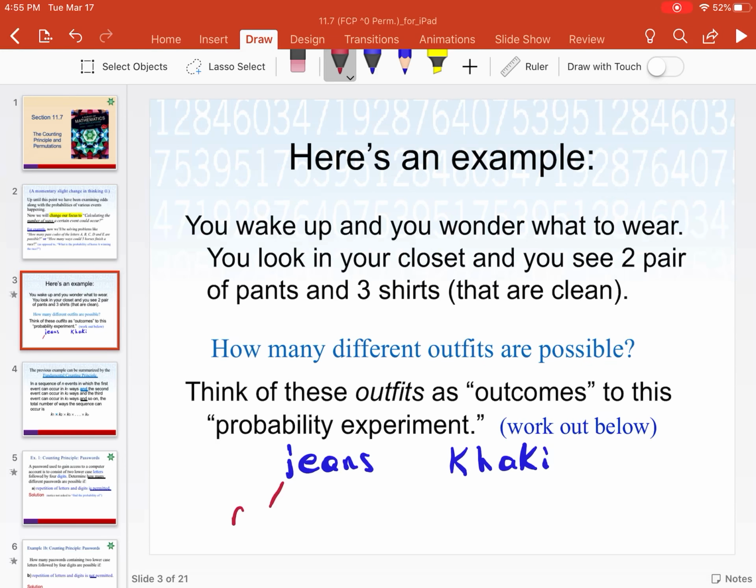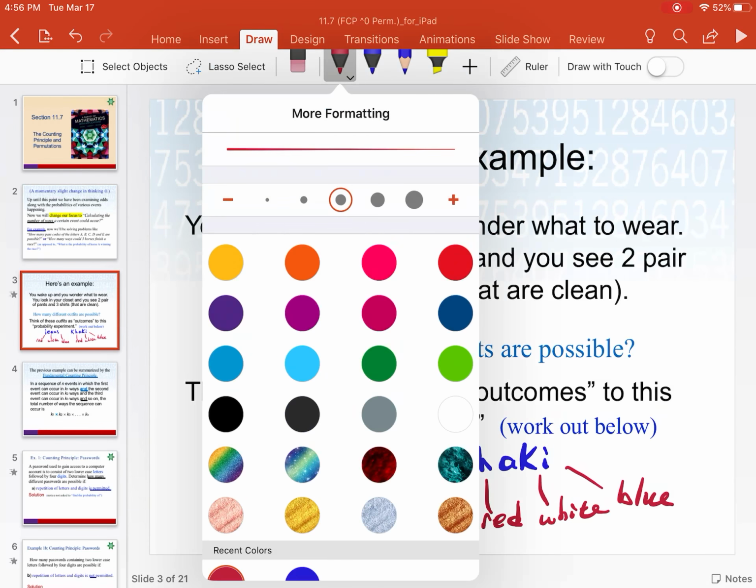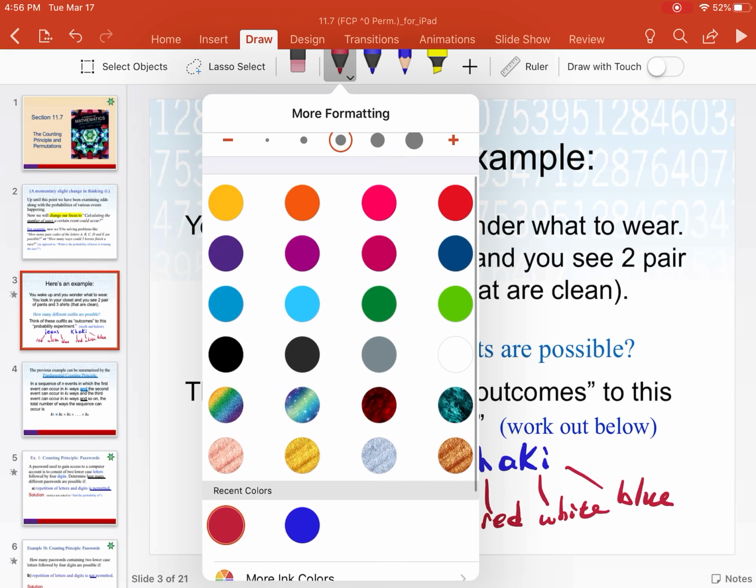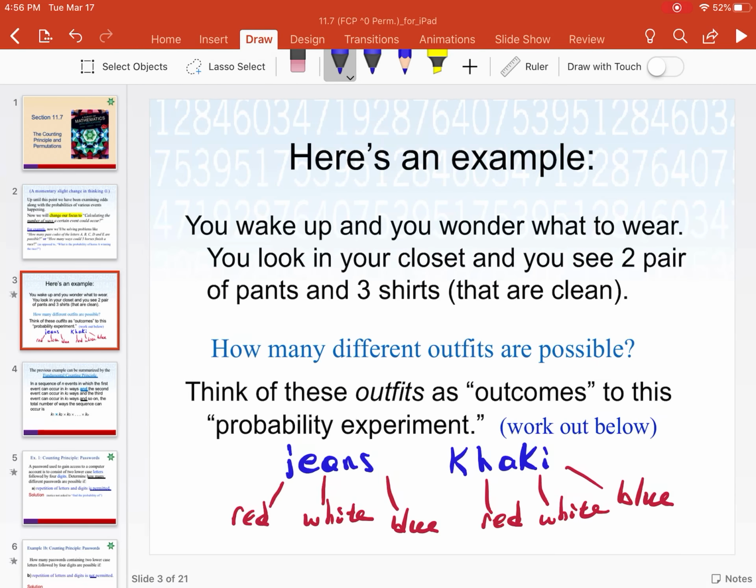So we'll have our jeans and our red shirt, our jeans and our white shirt, and our jeans and our blue shirt. Our khaki with red, our khaki with white, and our khaki with blue. Well, in this case, you can actually see there are 6 possible pairs: 1, 2, 3, 4, 5, 6.